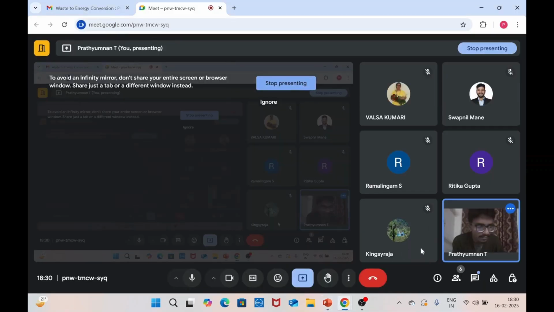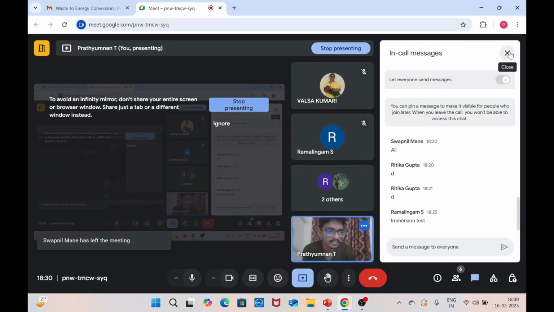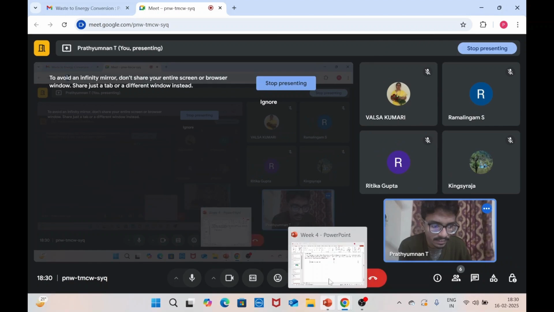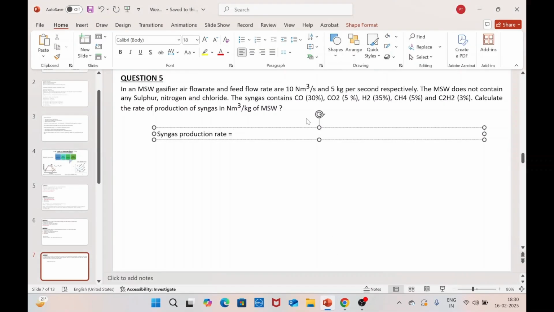Yes, formula anyone? So can I write it like this?